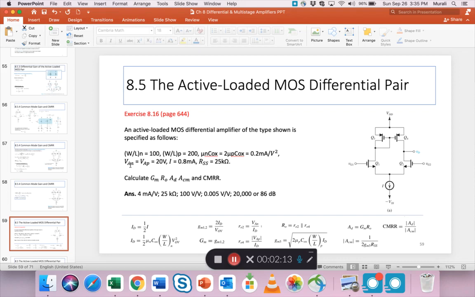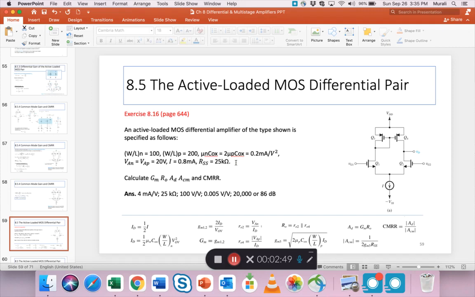And then VA, the Early voltage, is given to be 20 volts both for N and P types. And I, the bias current, is 0.8 milliamps, and RSS, the resistance of the bias source, has a natural resistance of 25K.